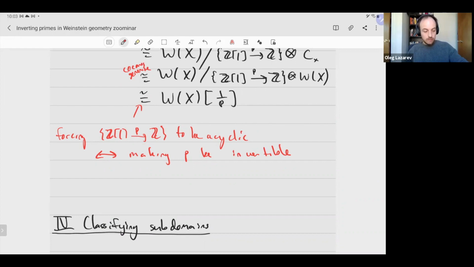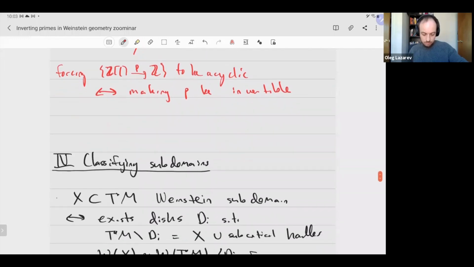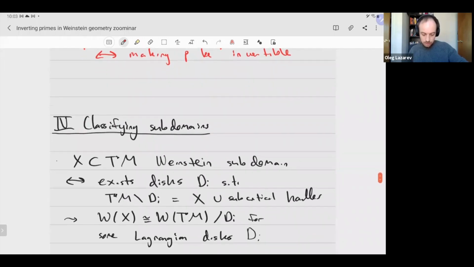And recall this result that I mentioned with Sullivan, saying that all subdomains of T star M have the same Fukaya category as some of these X sub P's. So I'm going to talk about that in a second. So let's consider some arbitrary subdomain X of T star M. What that means is there's a Weinstein cobordism from the boundary of X to T star M.